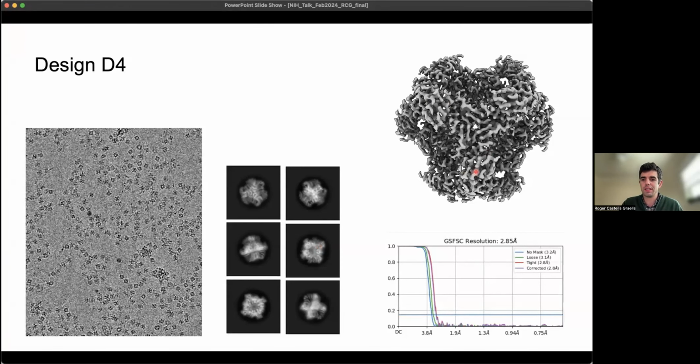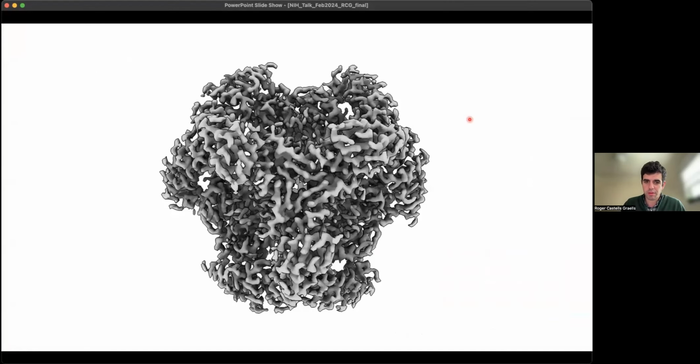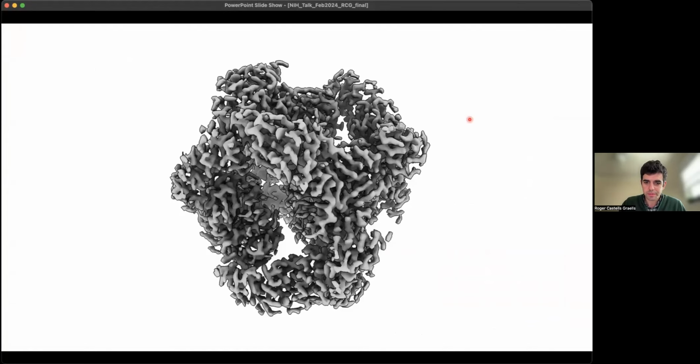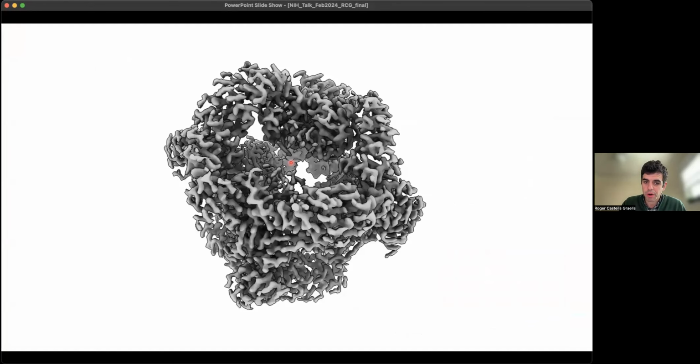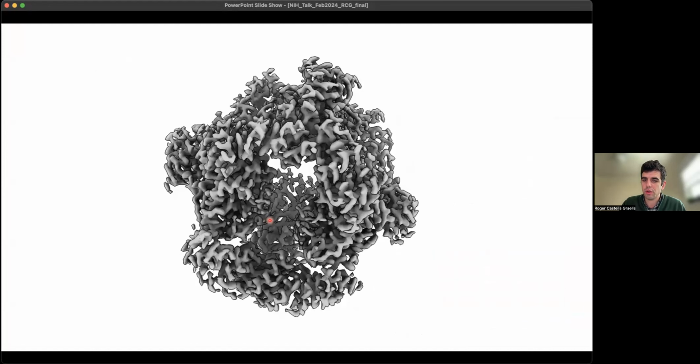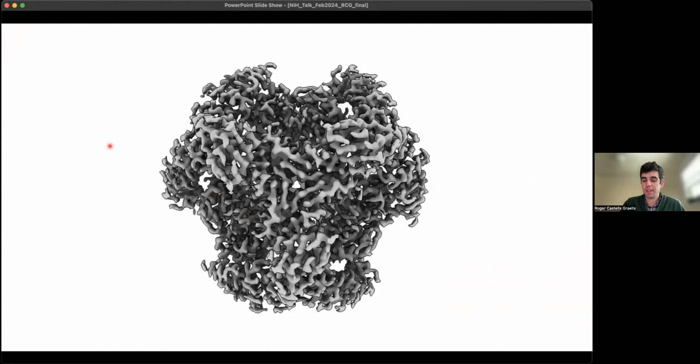So we had already redesigned a protein, but in this case, this protein was just forming a trimer, and now it's forming part of a larger complex, which is also a tetrahedral assembly. And here you can see how this one looks. It's also very porous, but still we can get to sub 3 angstroms for these structures.